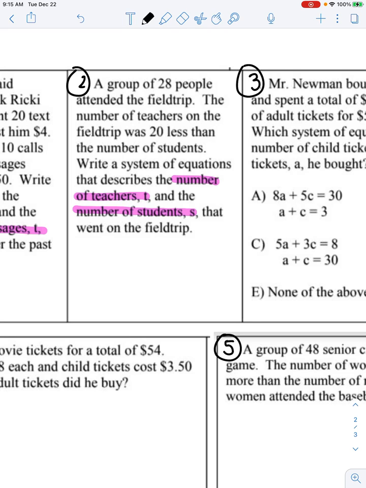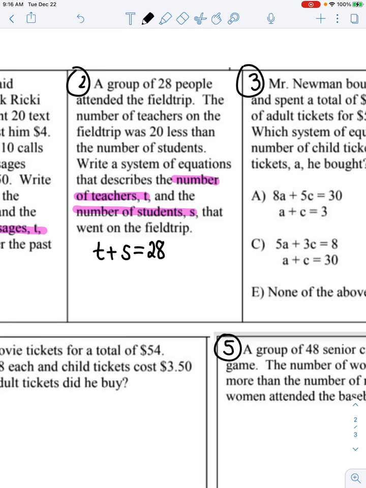A group of 28 people attended the field trip. Well, that's your total. But what type of people? You had teachers and you had students, however many teachers, however many students, for a total of 28. Now let's look at the next relationship they give us.